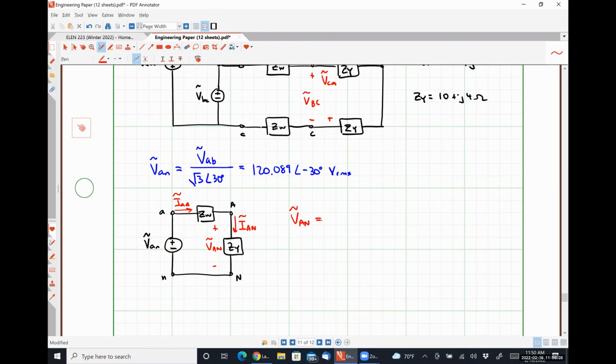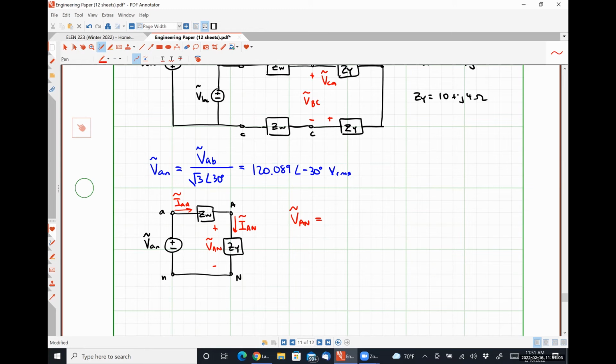I'm going to be slightly lazier because that's going to be a two-step process, and I'm just going to use voltage division, right? So Coy's suggestion was that we combine ZW and ZY into a single impedance, find our line current, which is the exact same thing as our phase current, and then use Ohm's law to find our phase voltage from our phase current.